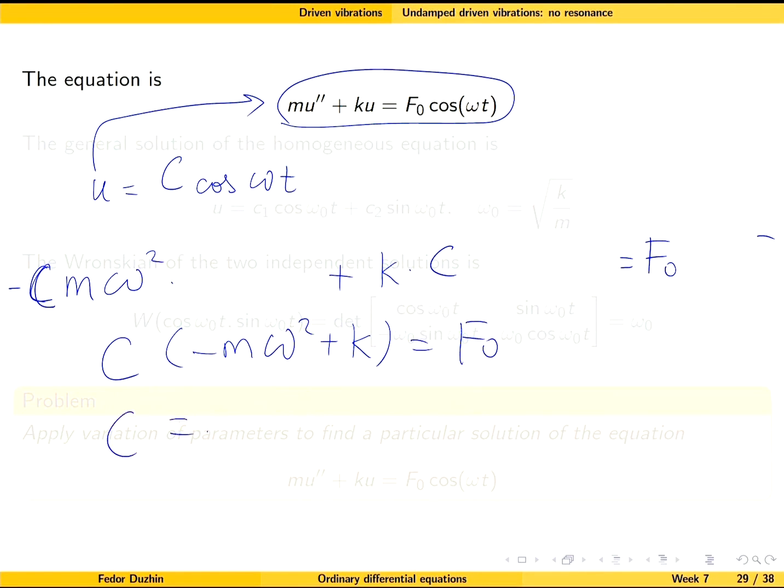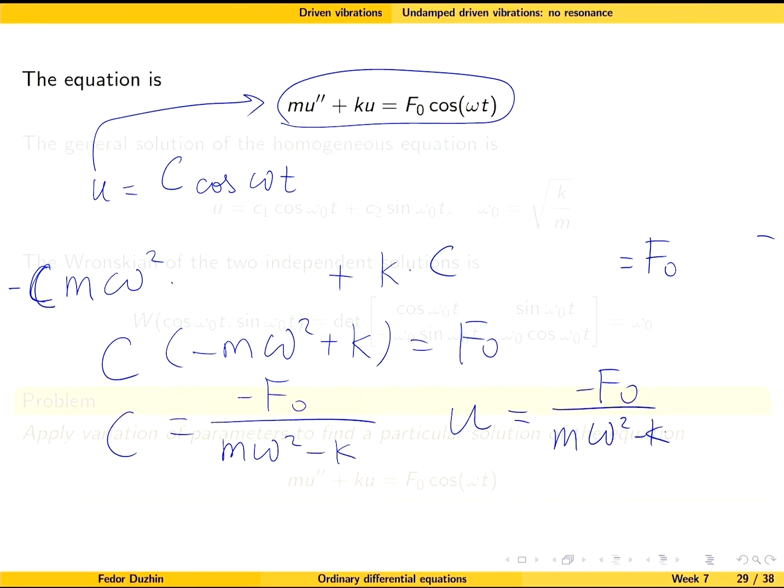So c equals minus f naught over m omega squared minus k. Which means that a particular solution is given as minus f naught over m omega squared minus k, times cosine omega t.